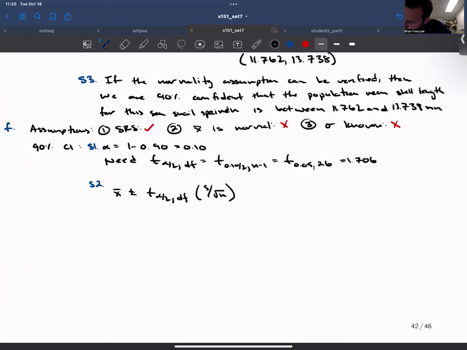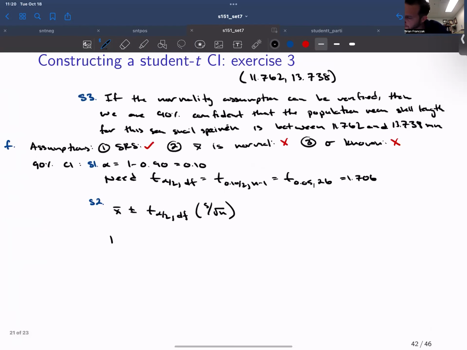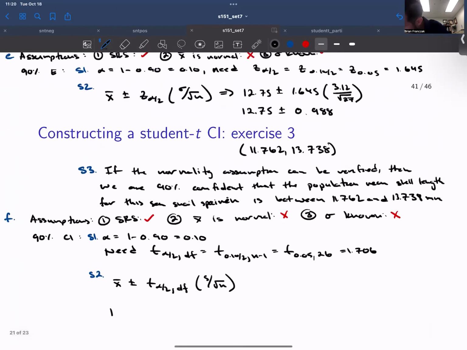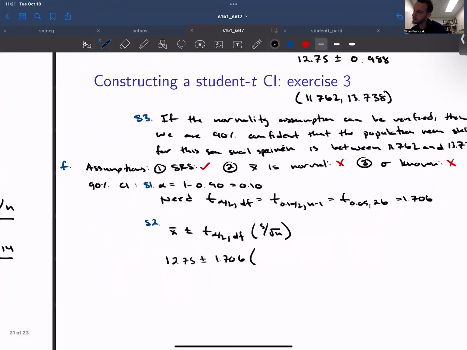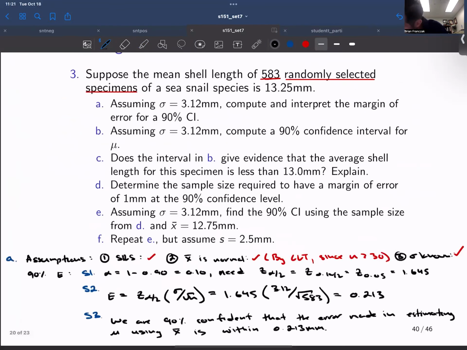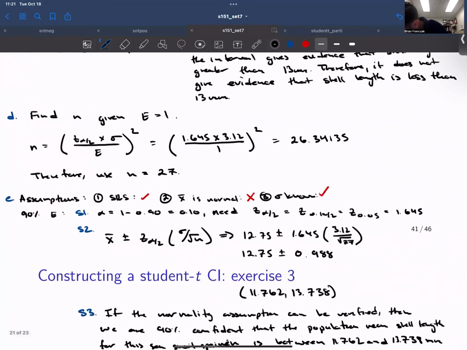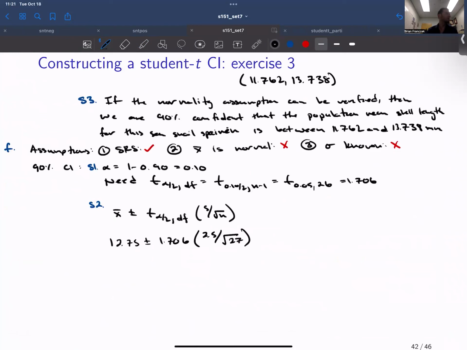So this is going to be 12.75 plus or minus 1.706 multiplied by 2.5 divided by the square root of 27. That gives .821.